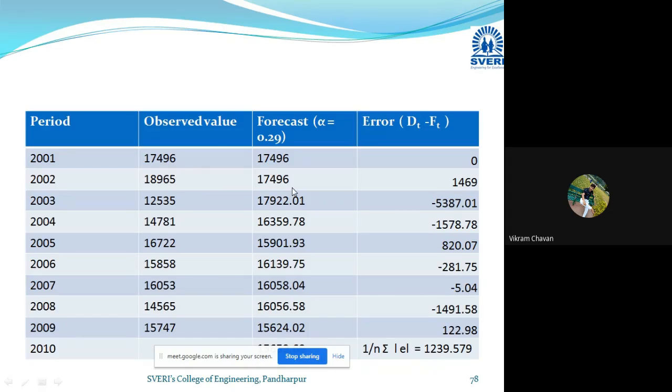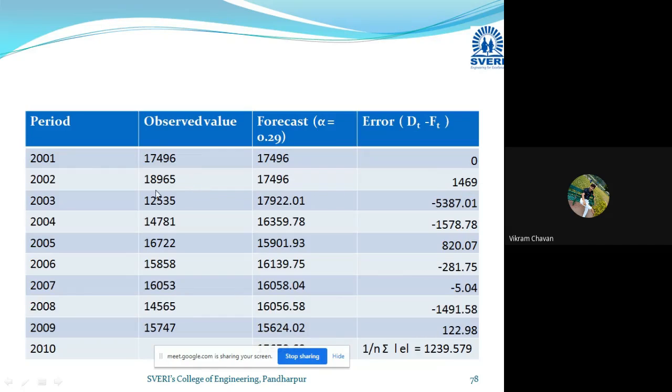Use our formula: F of t, the forecasted demand for the desired period, is equal to F of t minus 1, the forecasted demand for the last period, into bracket 1 minus alpha, where alpha we consider as 0.29, plus alpha multiplied by D suffix t minus 1, the demand for the last period.